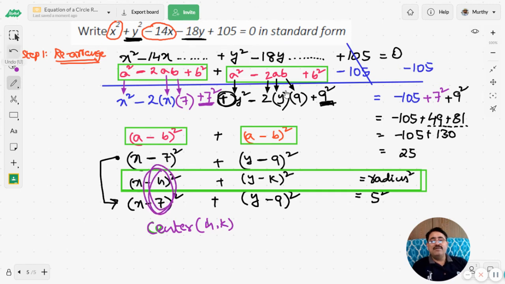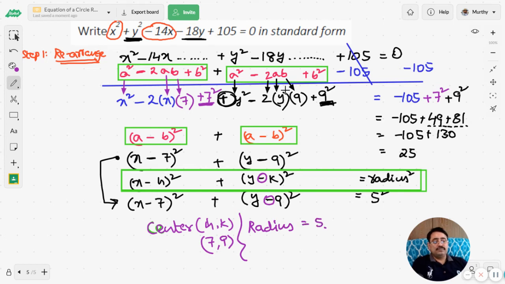You can see that 7. And k value is, don't take it as negative 9 because negative signs are matching, therefore the value of k is 9. What is the radius? Radius is 5 units. Okay, questions on this?